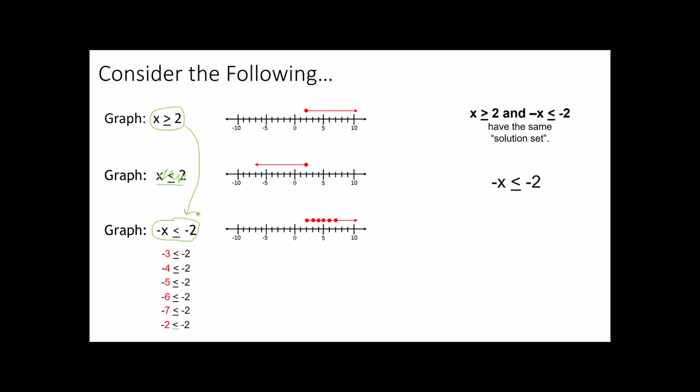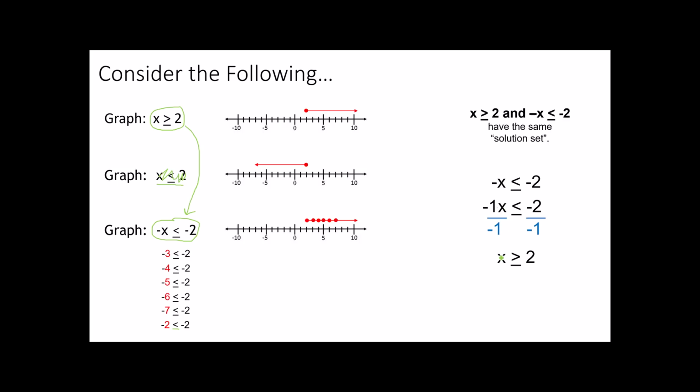In fact, if I were to take that second inequality, -x is less than or equal to -2, and try to apply the properties we learned in our other units to this inequality, for example, knowing that I can multiply by a 1 at any given point in time is the identity property, knowing that if this is multiplication, I can divide both sides by -1, notice what happens.